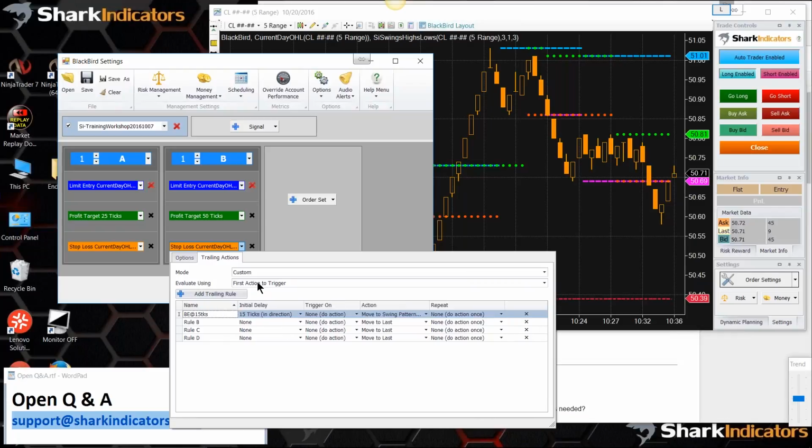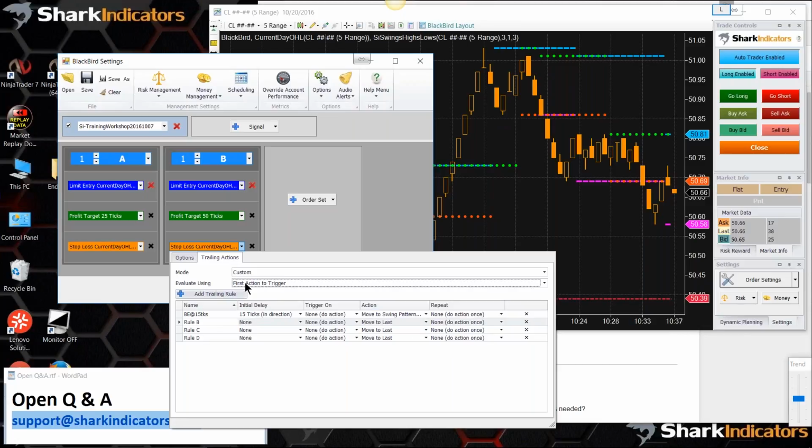The evaluate using only tries to prevent a conflict. If you've got two trailing rules trying to execute at the same time, the evaluate using is there to eliminate that conflict. It's going to choose which rule does actually get to execute if you have two or more rules trying to move your order at the same time. So this just sets a priority here.